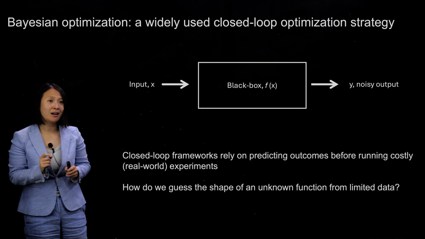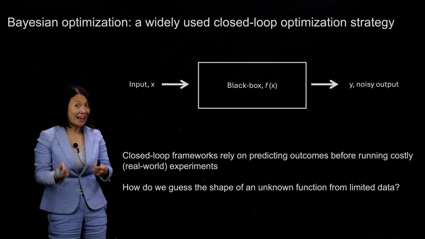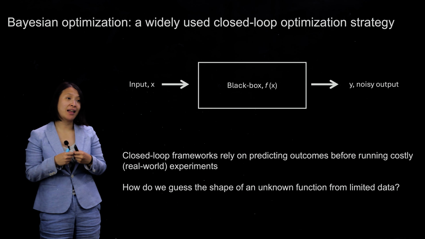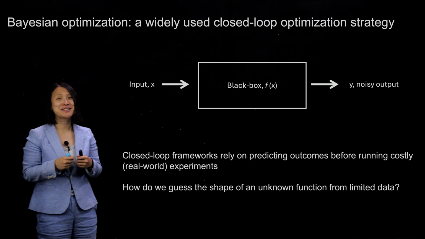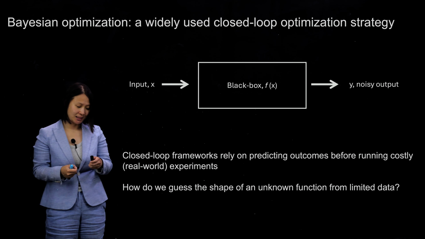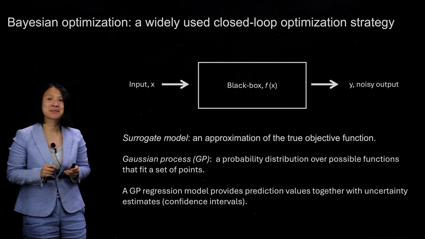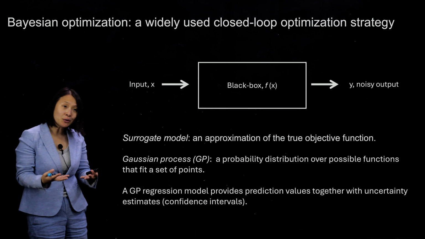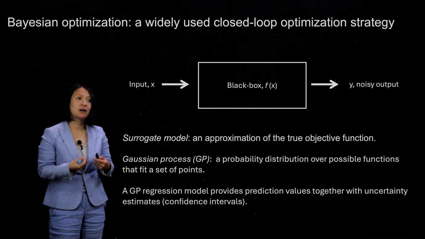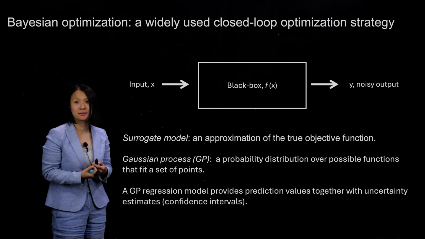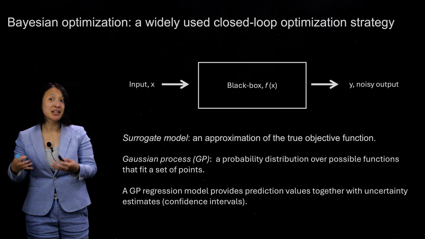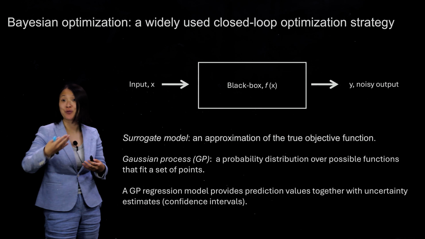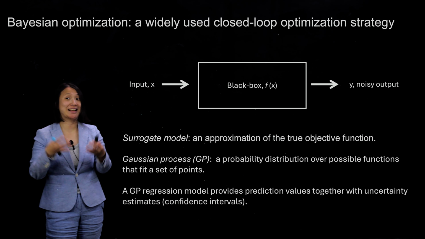So the question becomes, how do we guess the shape of an unknown function from just limited data? Here are some concepts. The way we do it is to build a surrogate model. A surrogate model is an approximation of the true objective function. Often it's a computationally cheaper one compared to actually running the more expensive real-world experiment.